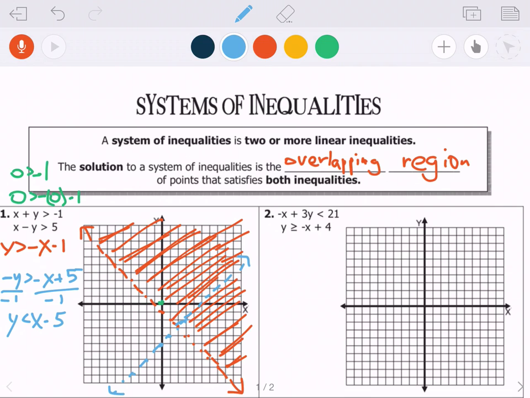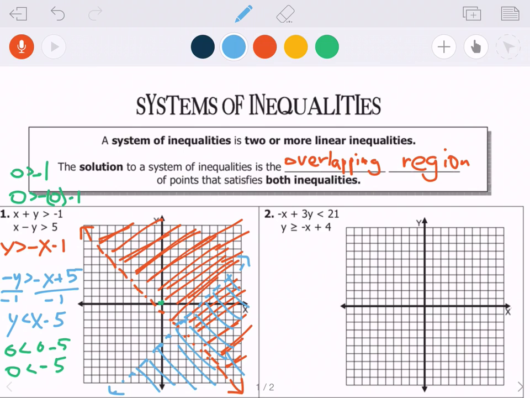So I need to figure out which side to shade. I'm going to do 0, 0 again. So 0 is less than 0 minus 5, which simplifies as 0 is less than -5. That is not true. 0 is not less than -5. So I'm going to shade below the line because 0, 0 is not a solution.